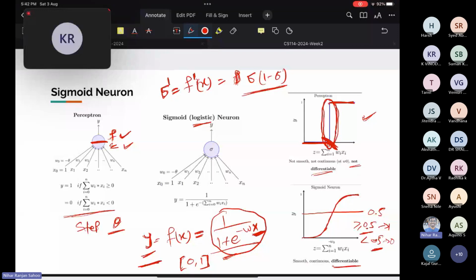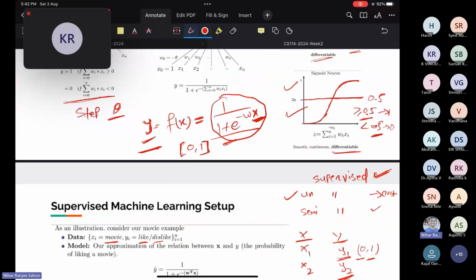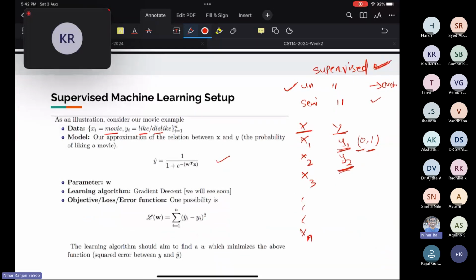You have to predict whether the input corresponds to one class or the other, because we have only one threshold here that can help us classify into one class or the other. That's why we are able to use the sigma function here: we have to decide whether the person liked the movie or disliked it. So it's a two-class problem. In future we'll see what other functions are available that can help us model multi-class problems.